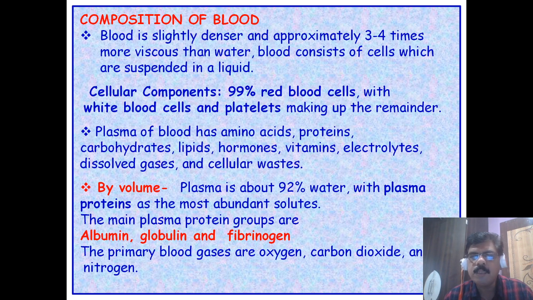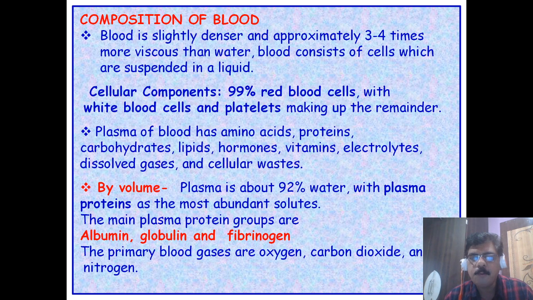The plasma of the blood has amino acids, proteins, carbohydrates, lipids, hormones, vitamins, electrolytes, dissolved gases and cellular waste. By volume, this plasma has 92% water, with plasma protein as the most abundant solute.